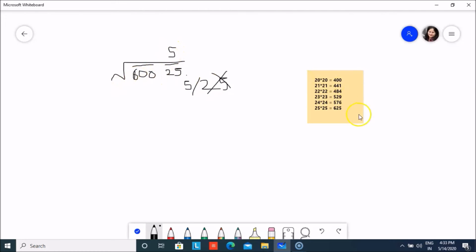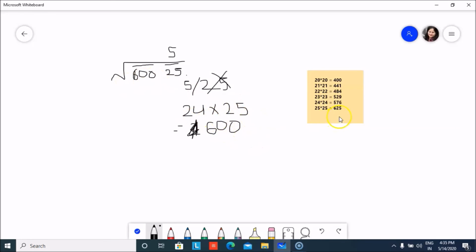And now for 600, it comes between 24 and 25. That means 576 and 625. So we're going to multiply 24 and 25. And the answer comes out as 600 after multiplying, and it's 600 itself.